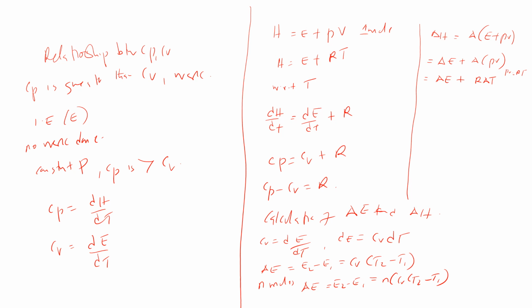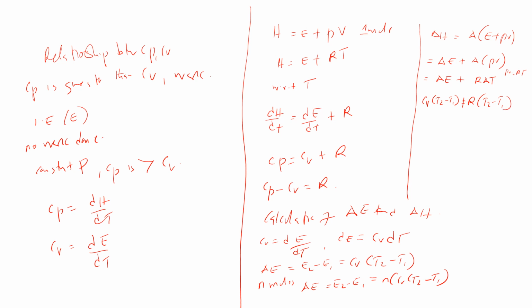And so from what we have shown here, delta E will be Cv into T2 minus T1, plus R into T2 minus T1, because we're looking at change in temperature.